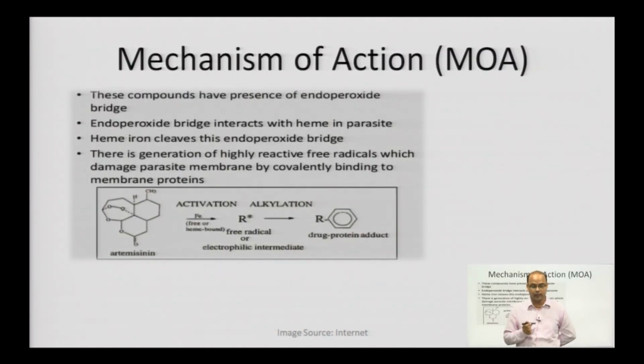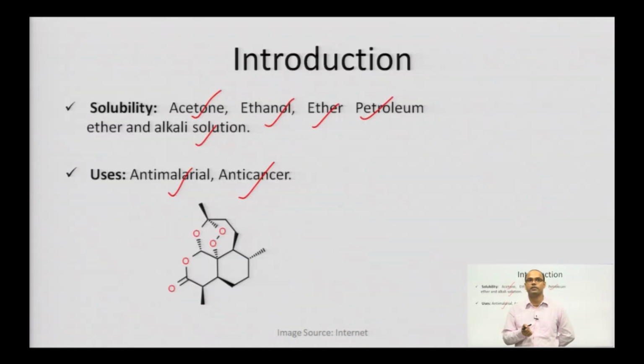Since we are concerned about the phytoconstituent, we must know the mechanism of action, how our phytoconstituent is going to act in our body. These compounds have the presence of an endoperoxide bridge, as we have already seen in the previous slides.